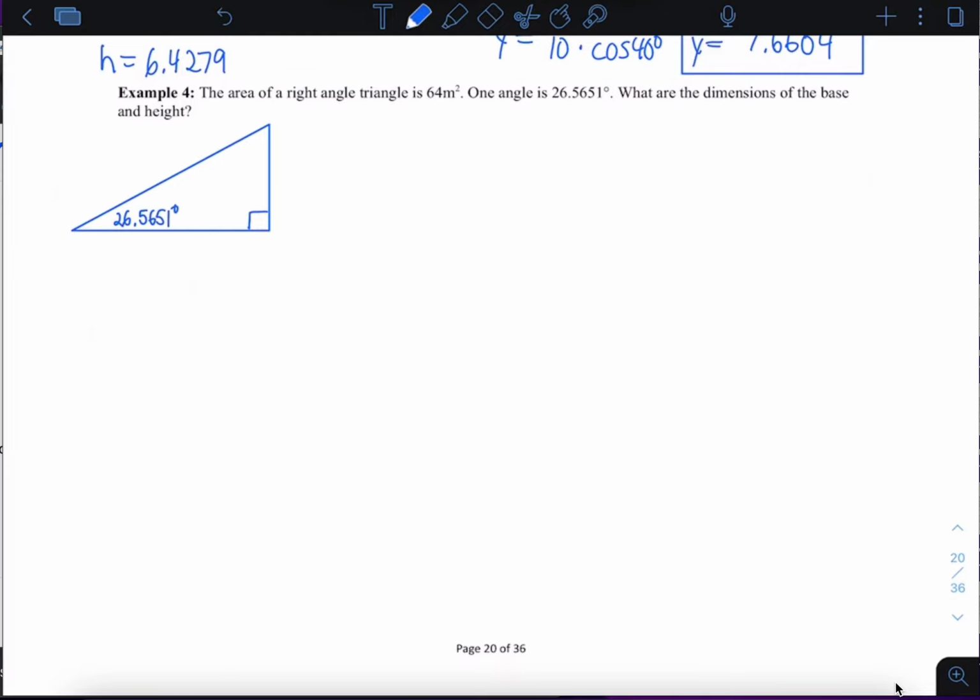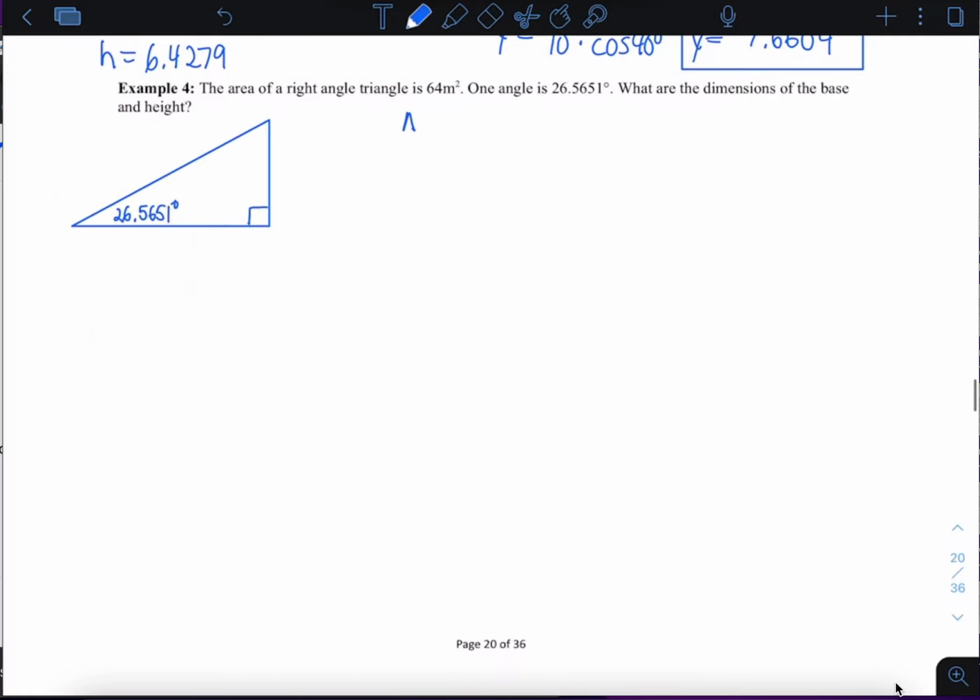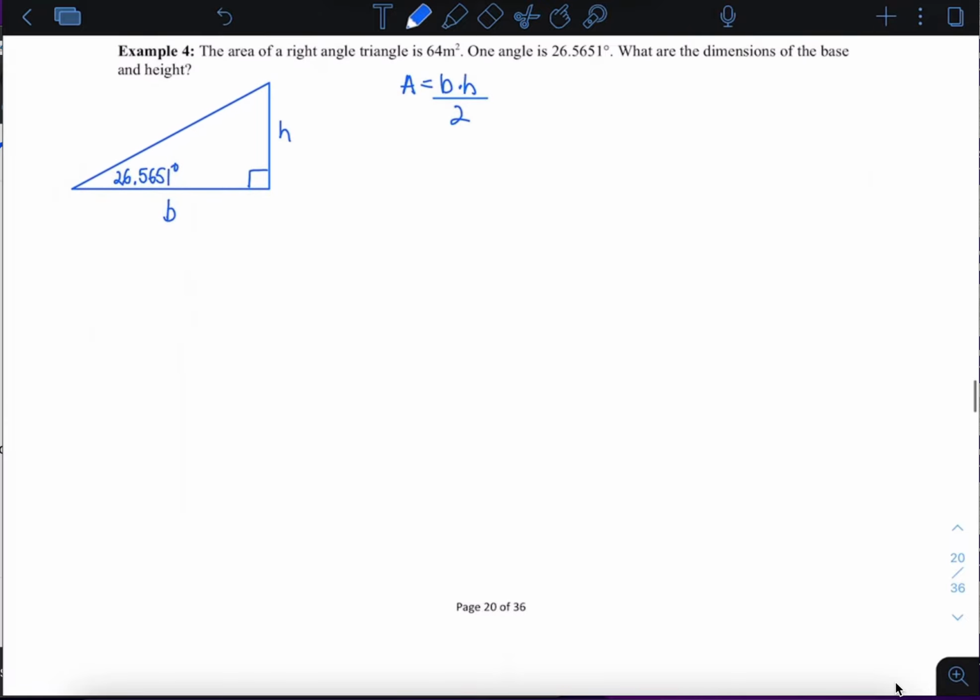This one's 26.5651 degrees. And I know the area of any triangle is base times height divided by 2. So in this case, the area of my triangle is 64. It's asking me what are the dimensions of the base and the height. So what I'm going to do is label my triangle, base and height, and I'm actually going to come up with a system of equations.